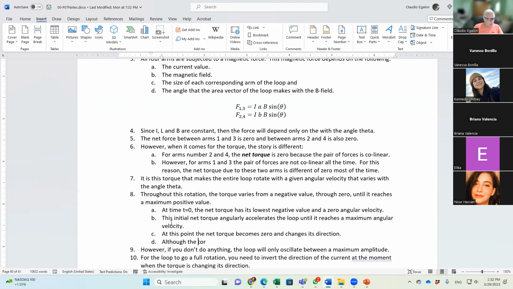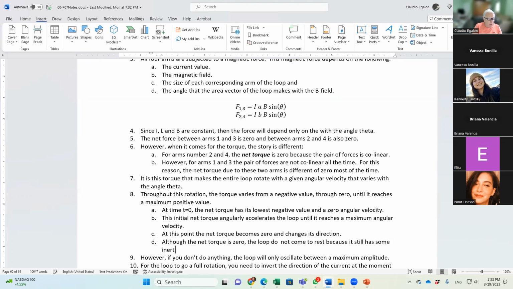Although the net torque is 0, the loop does not come to rest because it still has some inertia due to its maximum angular velocity.